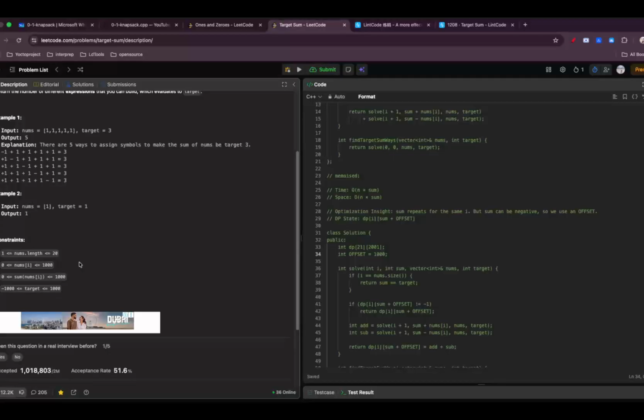Because the possible value can go negative also. And what we are doing, this negative thing, from the sum we are subtracting those negatives. We will be subtracting from the sum itself 1,000 times.